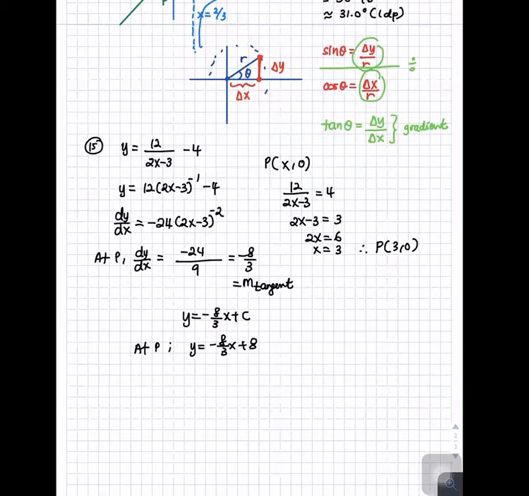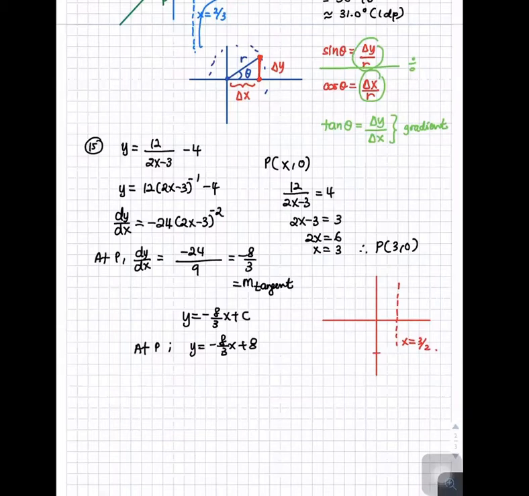You have a reciprocal function where the asymptote is x equals 3/2. Negative 4, negative 8.